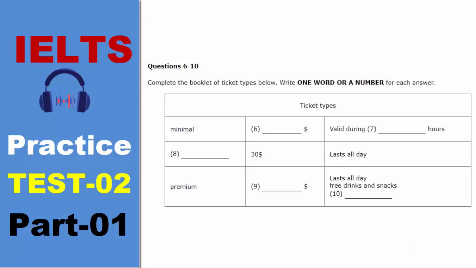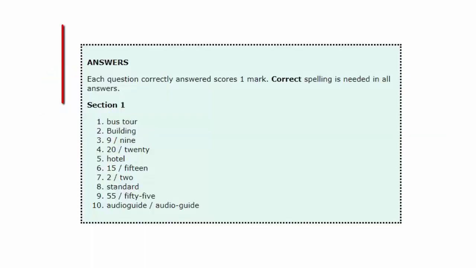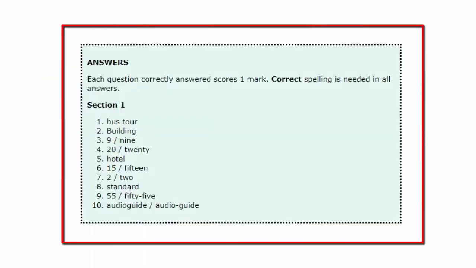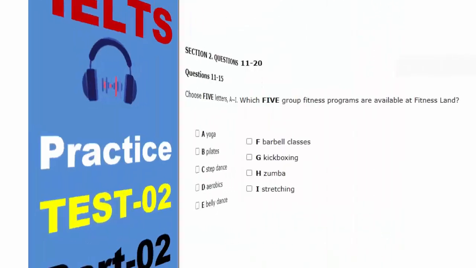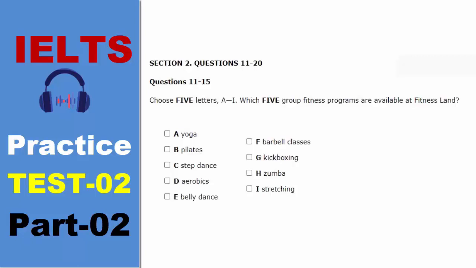That is the end of section 1. You now have half a minute to check your answers. Section 2. You will hear the information about tickets to one of the royal palaces in London.